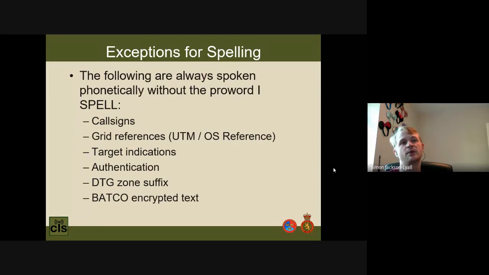So again, that's a more advanced thing, but that's what you do. So those are the ones that you would always spell phonetically without the pro word I spell. So really, at the level we're at the moment, the main ones that you're going to get are call signs, grid references, target indications, and date-time group and zone suffixes.